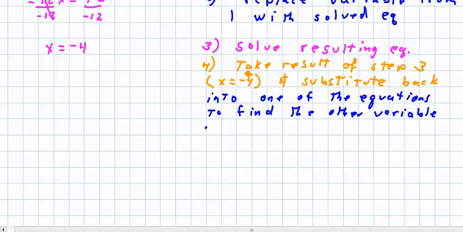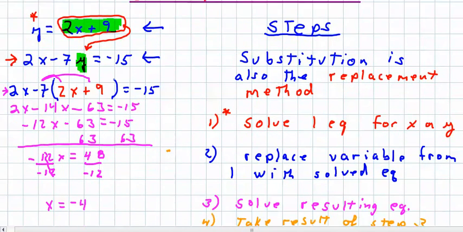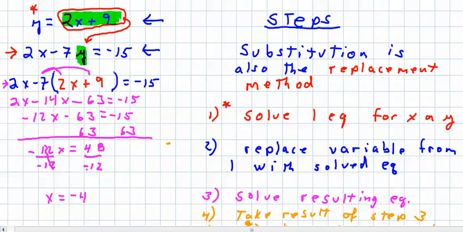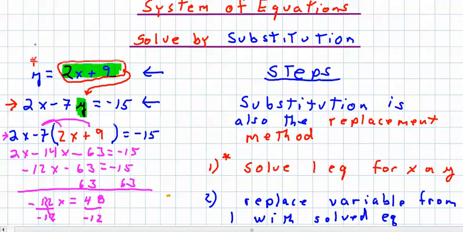All right. So now let's look. Our original two equations were here and here. I know that x is equal to negative 4. So I can replace that into one of these two equations, either this one or this one.